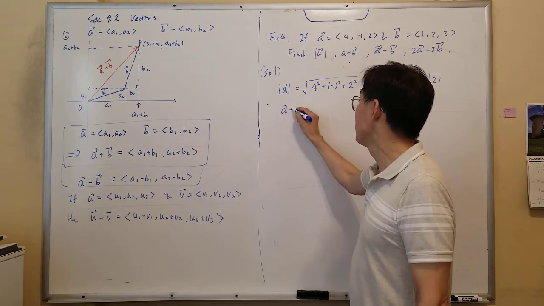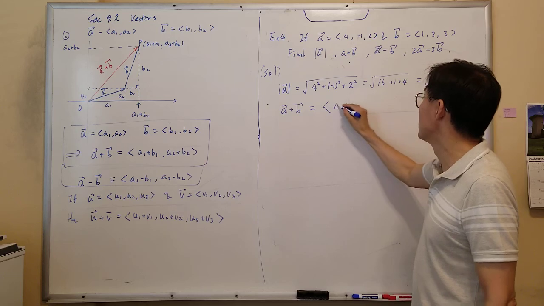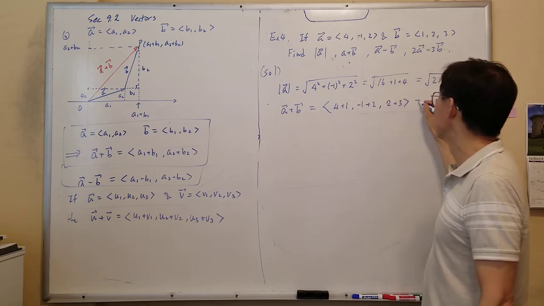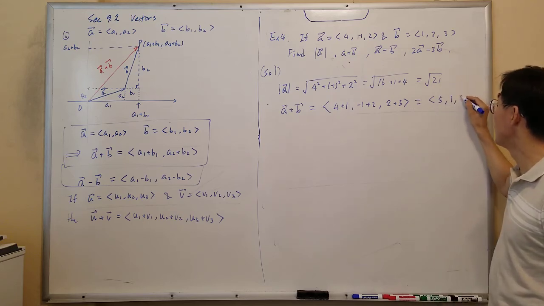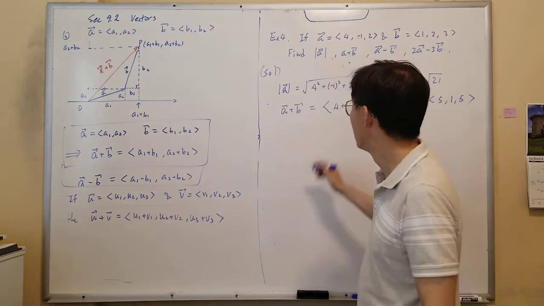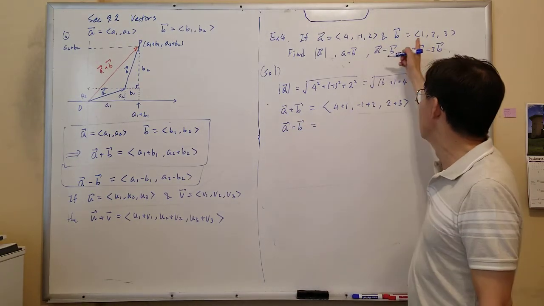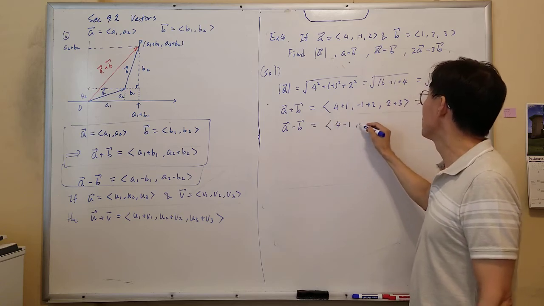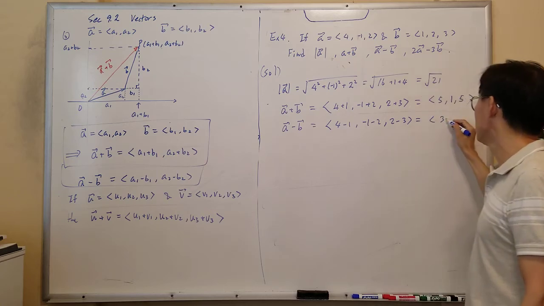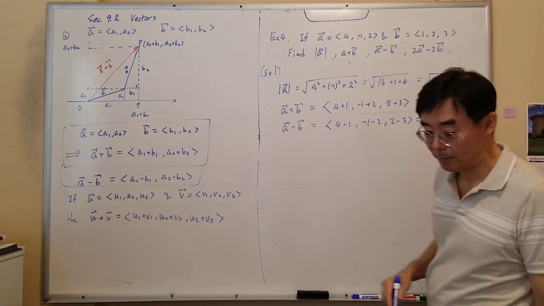What about A plus B? Just add 4 plus 1, negative 1 plus 2, 2 plus 3. What is it? (5, 1, 5). Okay? What about A minus B? 4 minus 1, negative 1 minus 2, 2 minus 3, so (3, -3, -1). Okay?